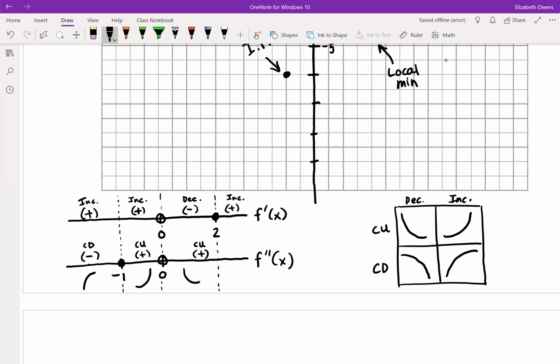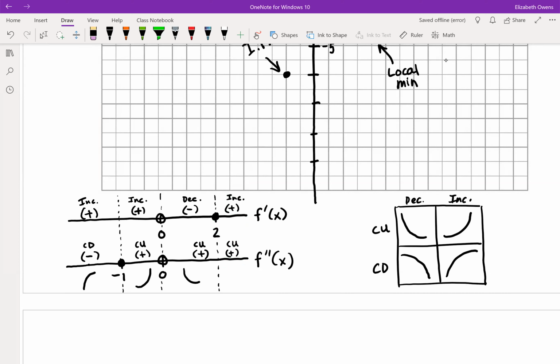And in the last interval here, from 2 to infinity, notice that this is still in the portion that is concave up. So you can add another extra little positive concave up right there if you like. And so in that interval, the function is concave up and increasing.